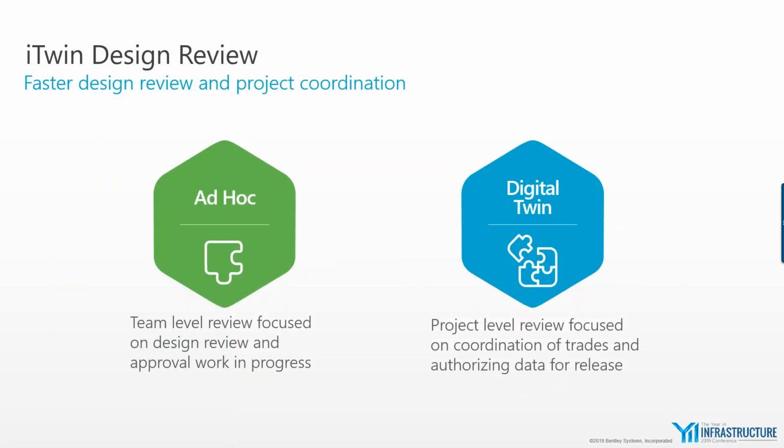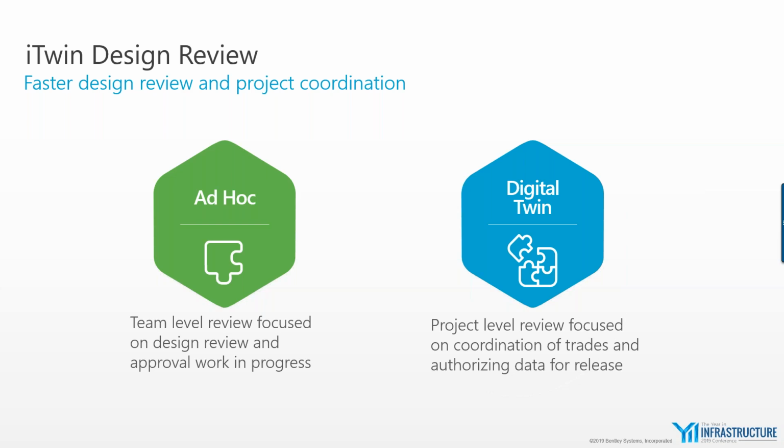So there's actually two different flavors of iTwin Design Review that are available. The first one is an ad hoc or team-based review, and the idea is making it, again, very easy for teams to collaborate with each other, share models, and very quickly initiate a review session. The other flavor of iTwin Design Review is more of a project-based review that happens around a digital twin.